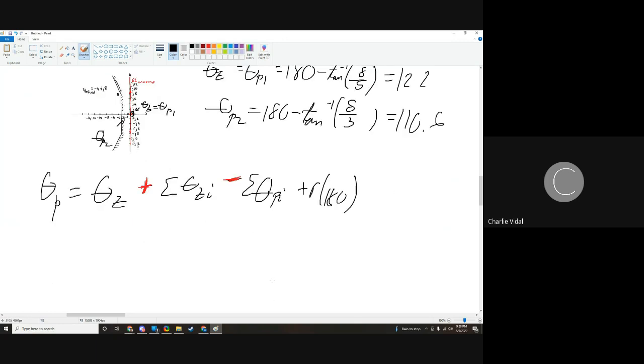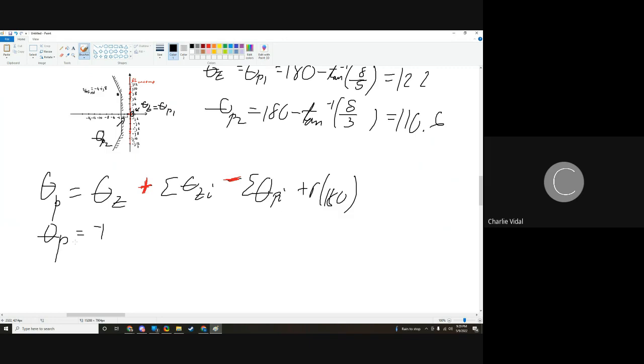Theta p is equal to negative 1. Why did I write negative? Is it negative? No, it's not negative. Oh, right. Okay. Because wait, hold on a second. Theta z. Hold on, trying to remember what I did here.